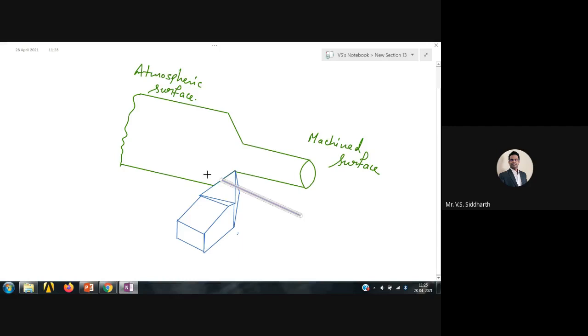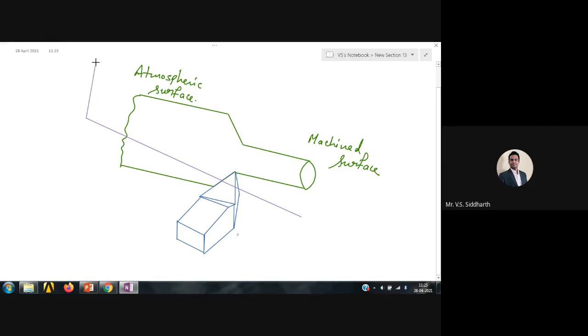This is our orthogonal plane. This is my orthogonal plane. Okay. So if you cut the tool with this orthogonal plane, what will happen?